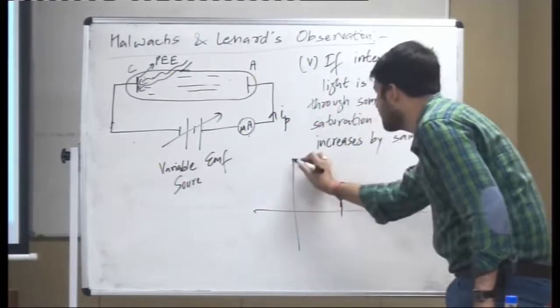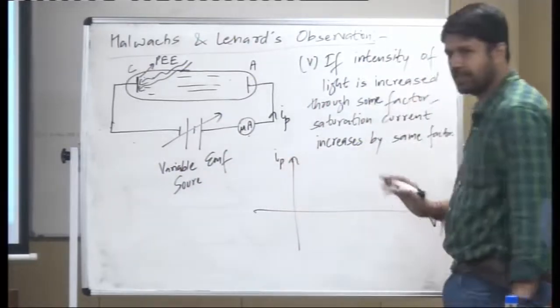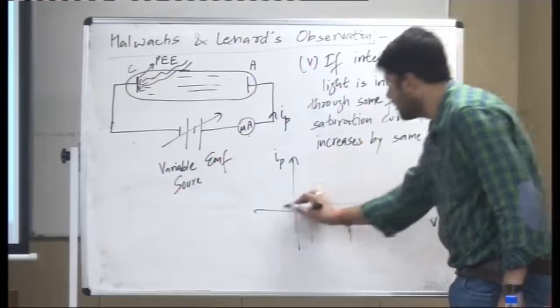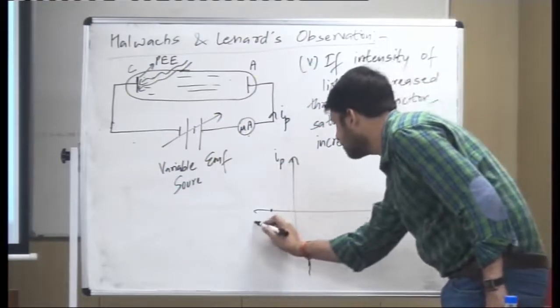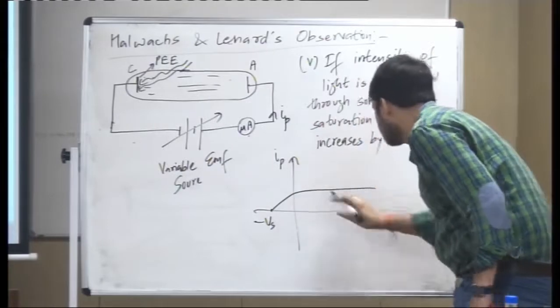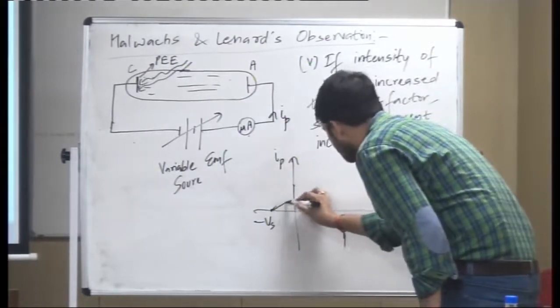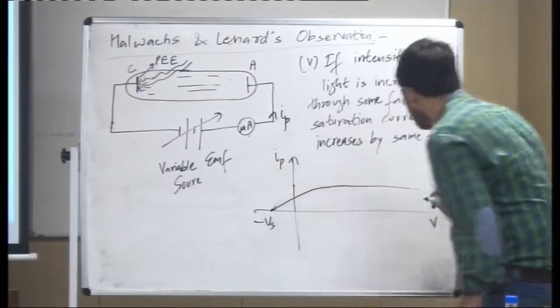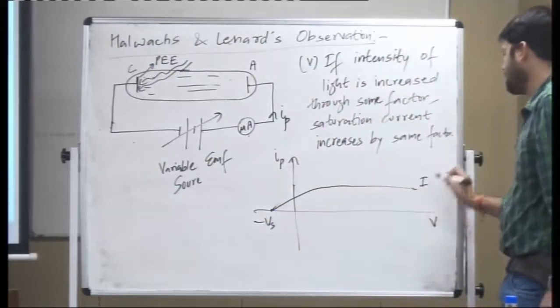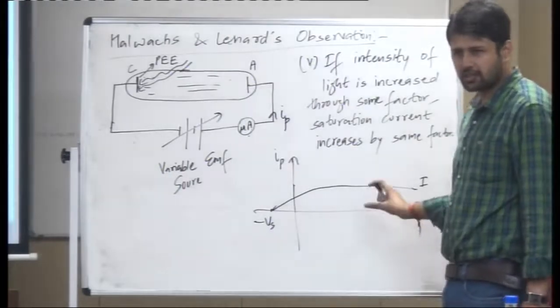It means that let's say this is photocurrent, this is VA, right? This is minus Vs. For intensity I, let's say this is the graph. The saturation current is something.